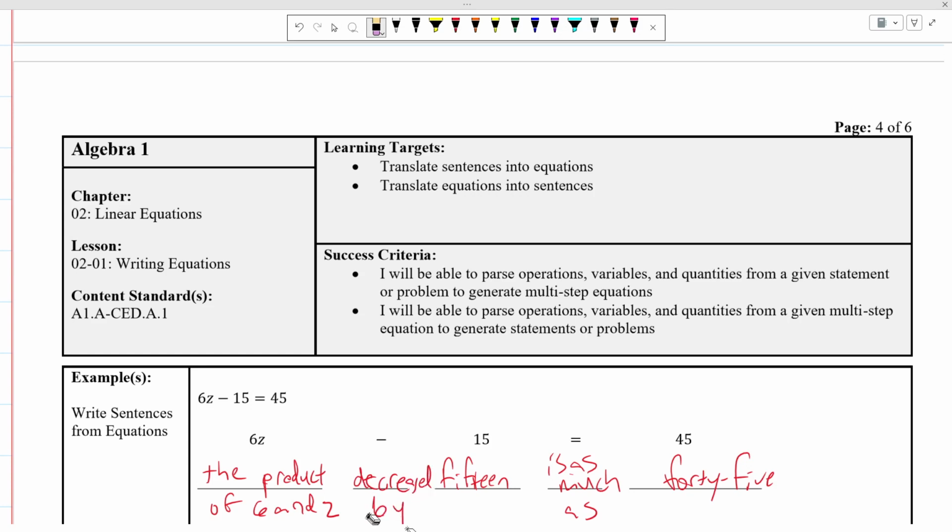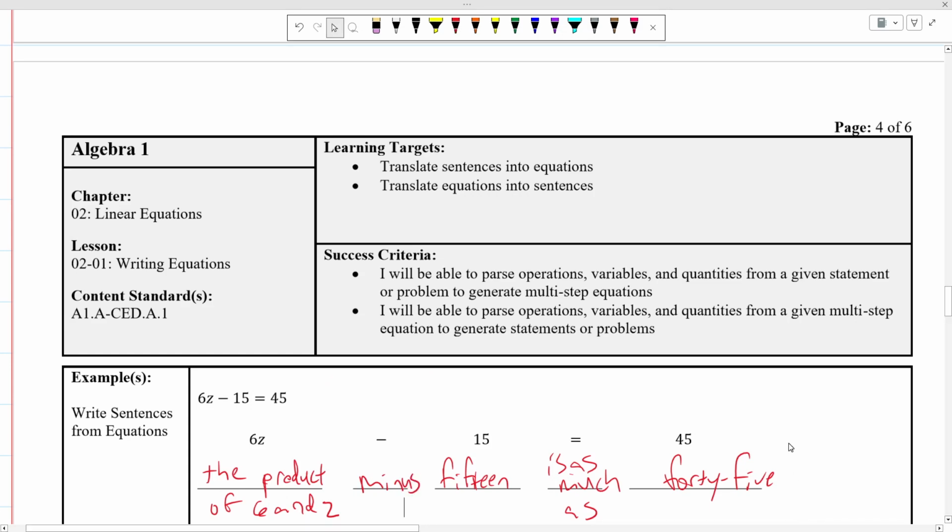You could even have this whole thing further rearranged to say the difference of 6z and 15, and so forth. You could have it phrased like that. Again, all sorts of different ways. I think I'm just going to stick with this one as minus.